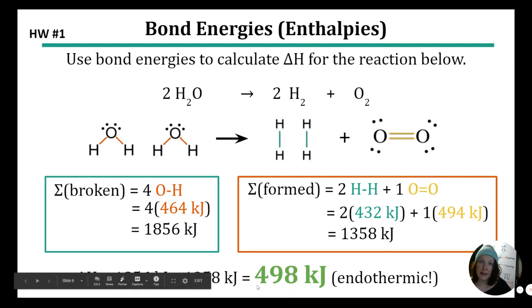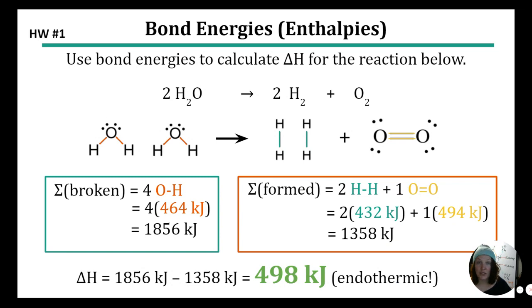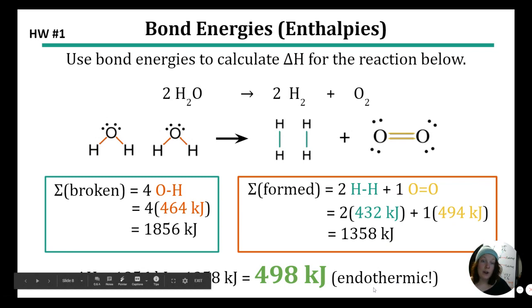And because it's a positive value, right, that sign of delta H, or enthalpy, is going to show us the direction of heat. So if it's positive, we are gaining heat. Therefore, this is an endothermic reaction.